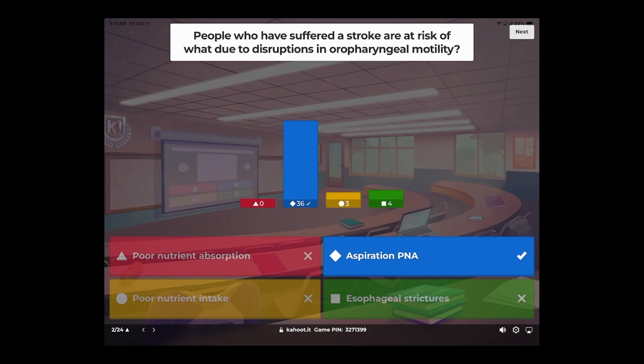What complaint, what symptom would I have to mention if I said the answers were poor nutrient absorption and poor nutrient intake? What symptom, what disease did we learn about that has very, very, very slow gastric emptying? Gastroparesis. And what are the problems with that? Poor nutrient absorption because they're not being pumped out in an appropriate way. They get stuck in the stomach. We get poor nutrient absorption.